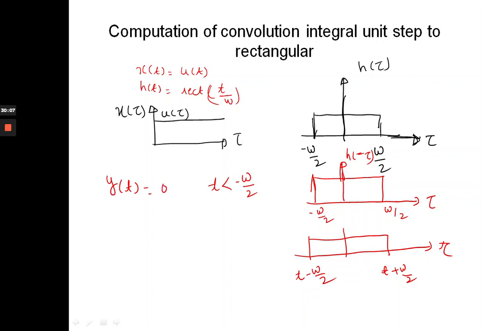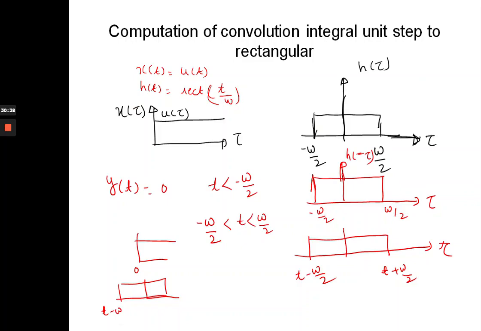Then for minus w by 2 to plus w by 2, in this case the product will be this function, which starts from 0, and this is t minus w by 2 and this is t plus w by 2.